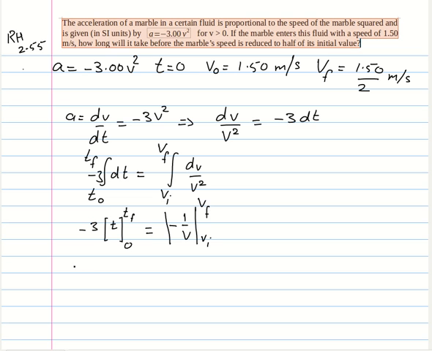So what we have over here is -3 times tf minus 0 is equal to -1 by vf minus (-1 by vi).